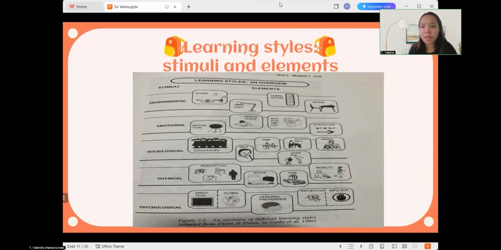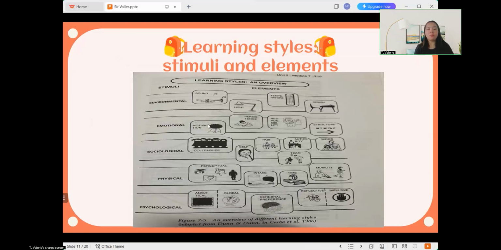Some prefer to learn or read or study when it's cool, some when it's warm, some when it's hot. Now let's have design. Some can learn best regardless of the design of their study table. So that is the design. Now let's have the emotional.